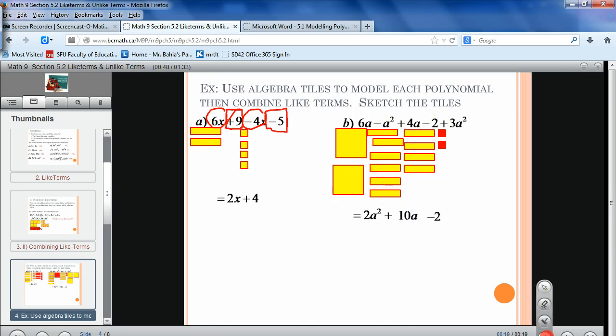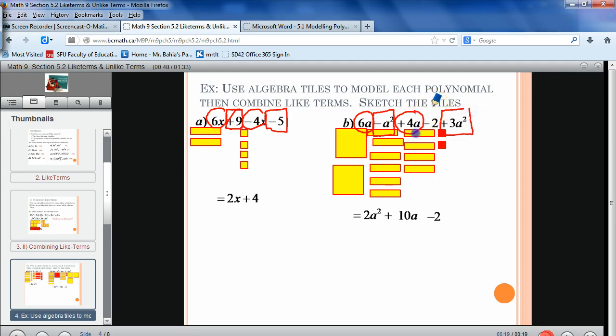Using the circles and squares method really quickly, let's put circles for the single a's. Let's put squares for the a squareds. And, oops, sorry, I should have put the sign in front of it as well. That's what you're supposed to do. Also do the sign in front of it, don't be sloppy like I was there.